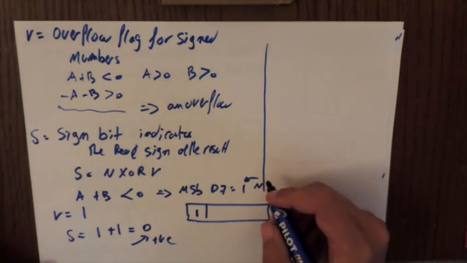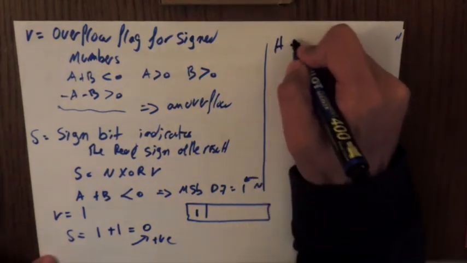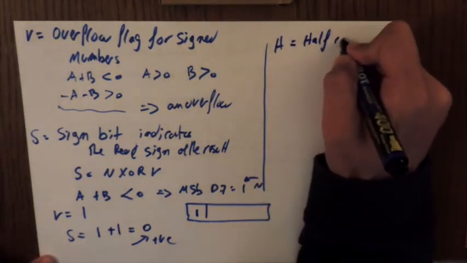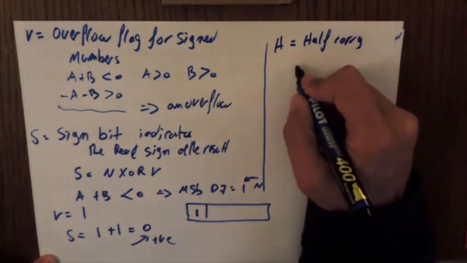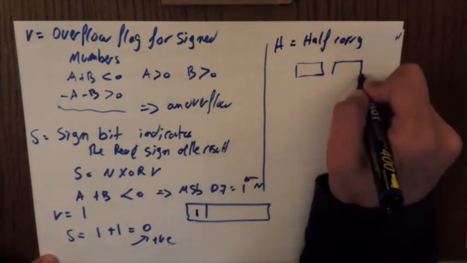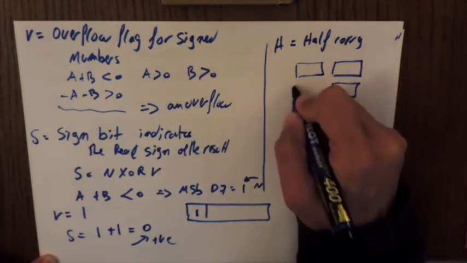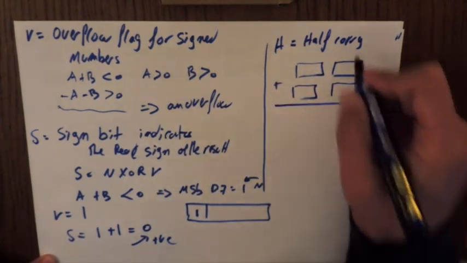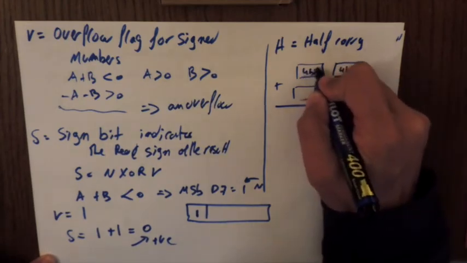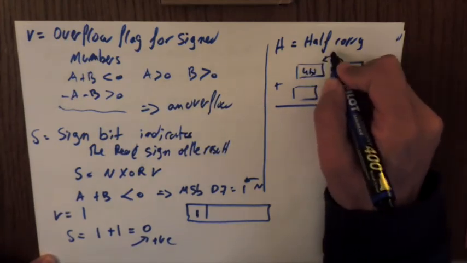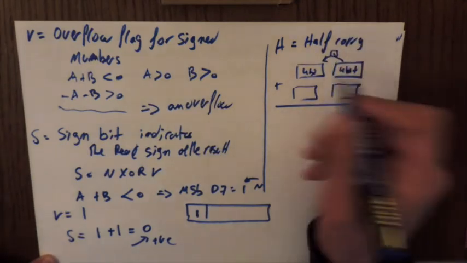The last flag I'm going to discuss is the half carry. Here, when I have a carry between the two nibbles of the data, so assume we are adding two numbers, this is 4-bit and this is 4-bit, so it's actually a carry from here to here. If you have a carry here, this is the half carry.